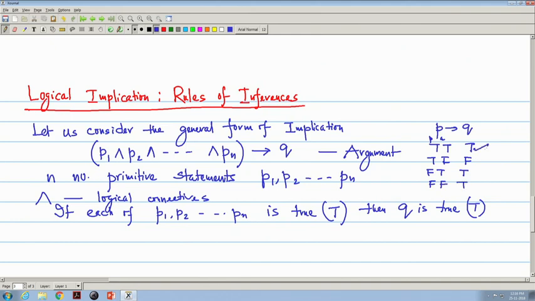So only the TF case gives a false result.